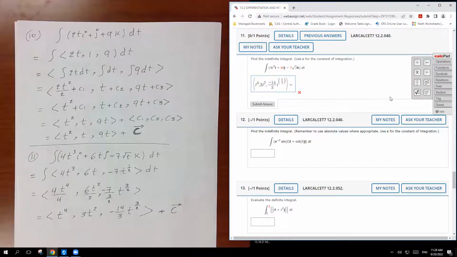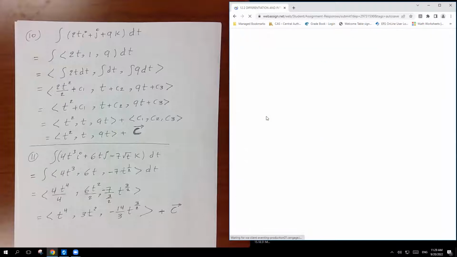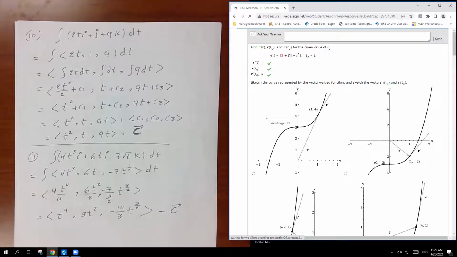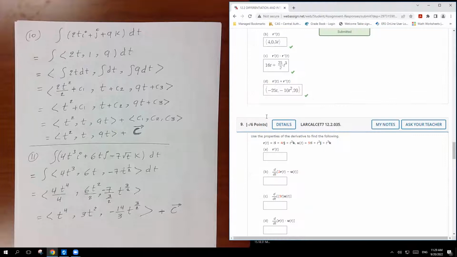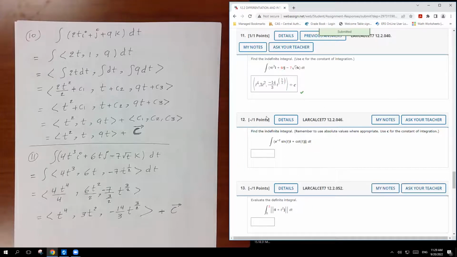Add to the vector the bold c. So the bold c, if you type c, is going to be wrong.